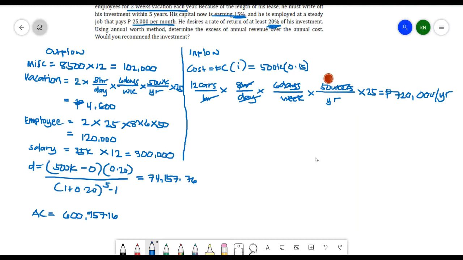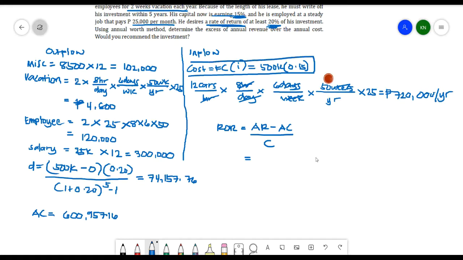But as you can see from here, he desires a rate of return, so we need to use the formula of the rate of return. The ROR is equivalent to AR minus AC all over C. But in ROR, the cost of this one is not included in the calculation.